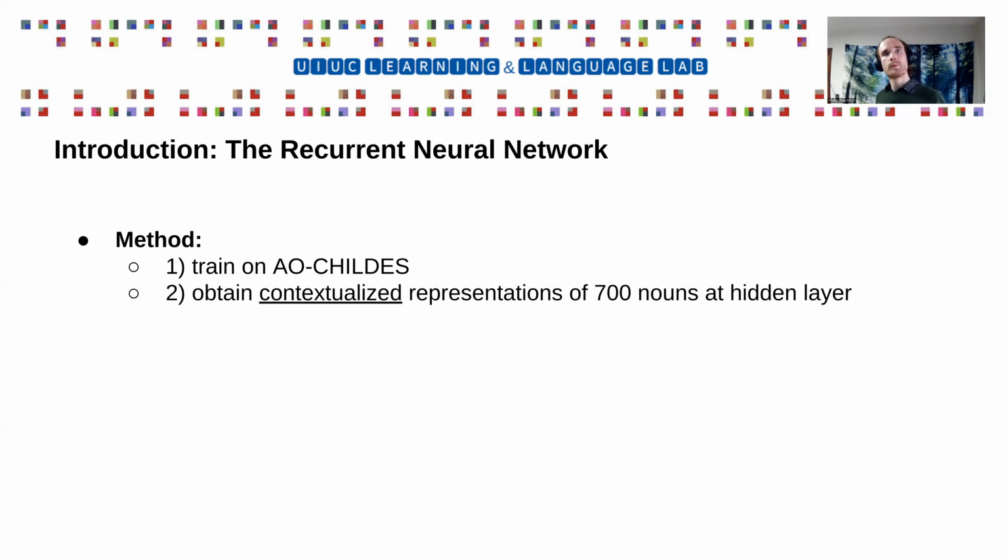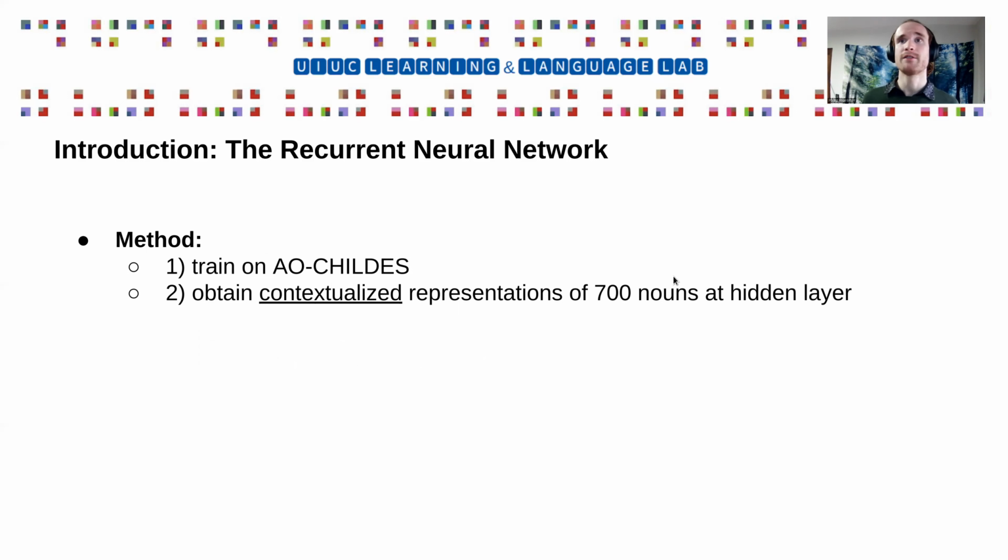Okay, so we have a corpus. We're going to train the simple RNN on this corpus, and during training, we're going to try to diagnose what the model has learned at the hidden layer. So we're going to obtain contextualized representations of 700 nouns. All of this work is really mostly about nouns and learning semantic categories of nouns.